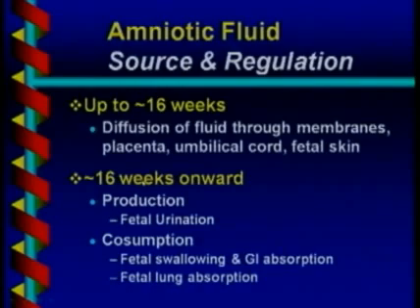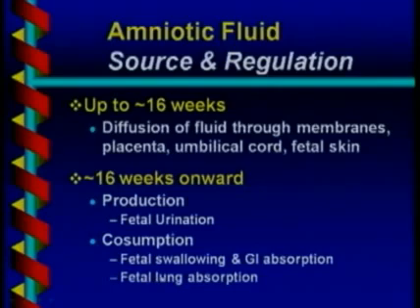That's early in pregnancy. But from 16 weeks onward, the amniotic fluid is produced largely by fetal urination and consumed by fetal swallowing and GI tract absorption, and also, to some extent, by lung absorption.